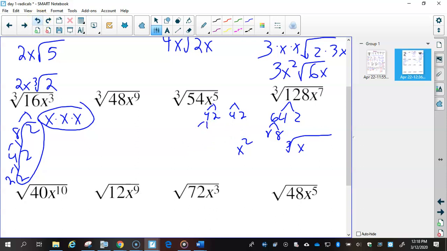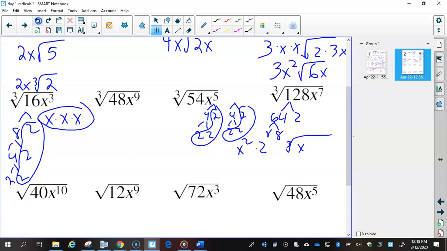So let me rephrase. If it was a group of 3, we could have taken that. So now we have these 3, these 3. So now there's 2 groups of 3 that have 2 in them.